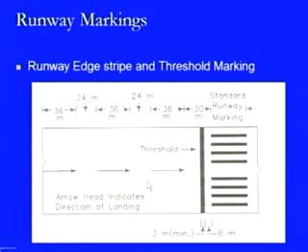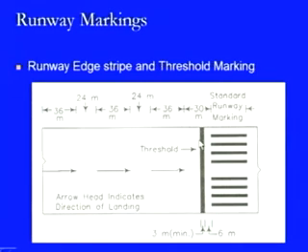This is another diagram which tries to show the displaced threshold. Here the arrows are showing the direction in which the landing will be taking place. So, this is another type of landing direction indicator which is used on any runway strip. In case of the displaced threshold, a line is to be provided like this, which is 3 meters minimum of width and moves across the runway strip.